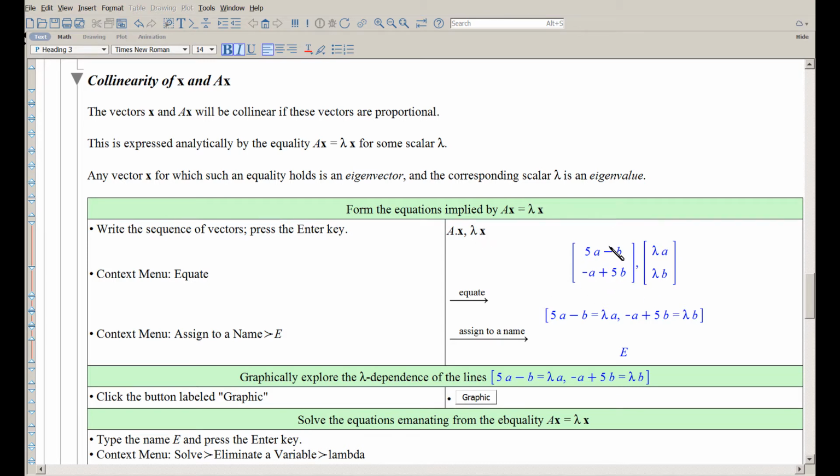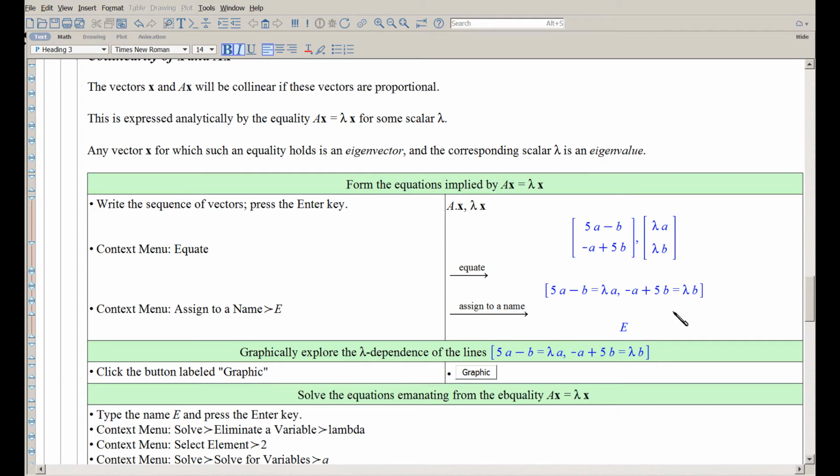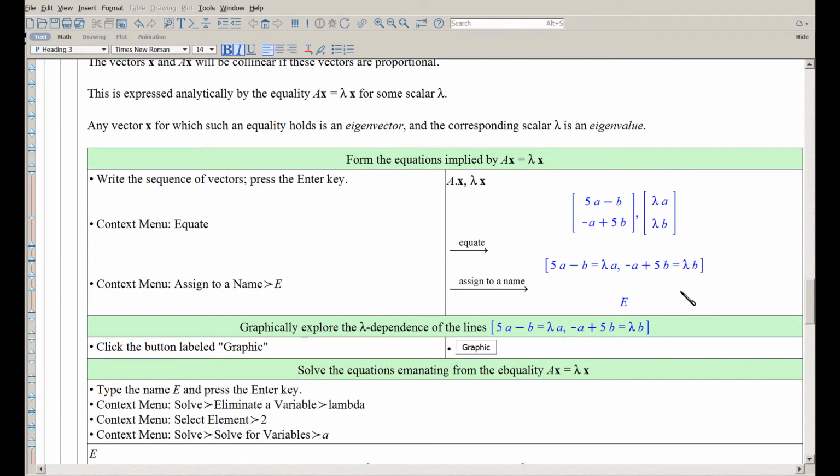So this is the vector Ax, this is the vector lambda x. I want these to be collinear. So these two are equated with the equate command in the context menu, and I get this pair of equations. And since I'm going to refer to them more than once, I'm going to call this list of equations E.